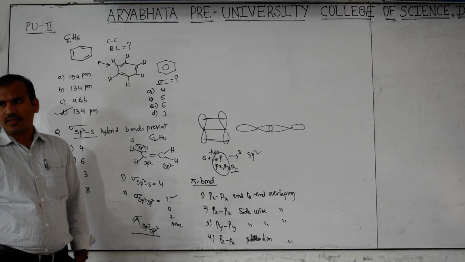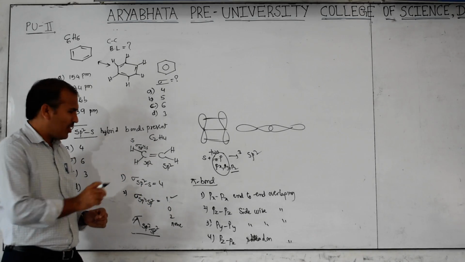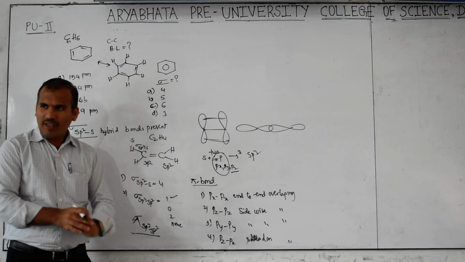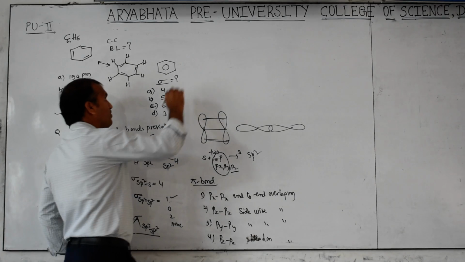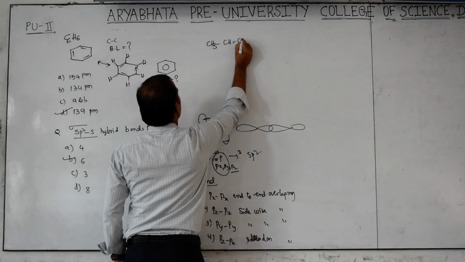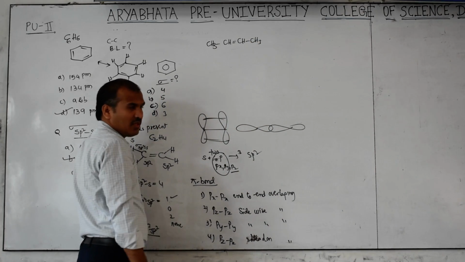Then how do we answer this? We know the structure. Since it is small, we can draw the structure. We will count 1, 2, 3, 4, 5. If a very big one is there, then how do we calculate? I will write now: CH3, CH double bond, CH, CH3, like this may be given.